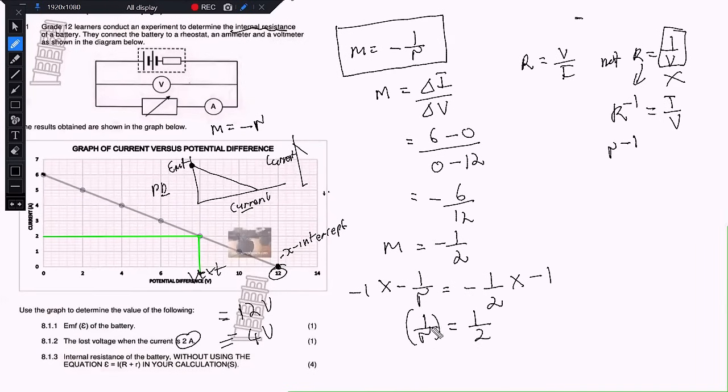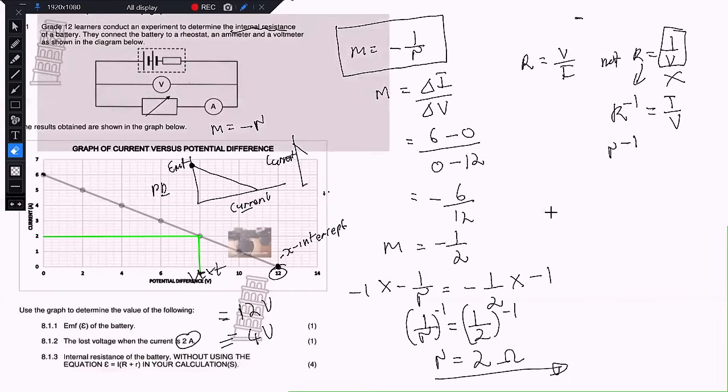And then if we are to inverse this like this, our r will become 2 ohms, right? Then that's our internal resistance right there. Okay, so that's all you needed to do without having to apply this formula here. You needed to use the gradient, but understand that the gradient has been inversed to the inverse of the internal resistance.